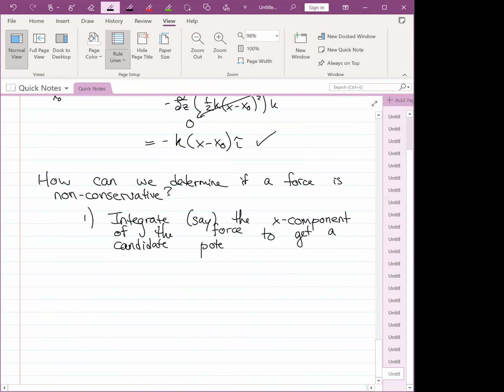We find a potential energy function that works for that component.